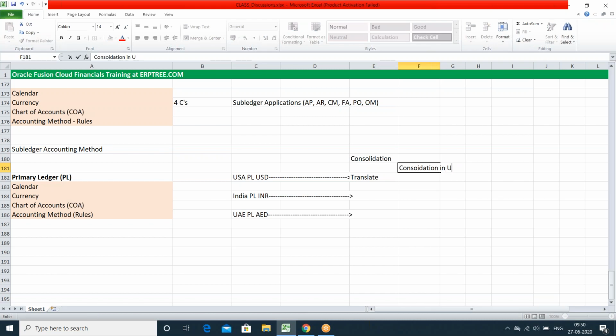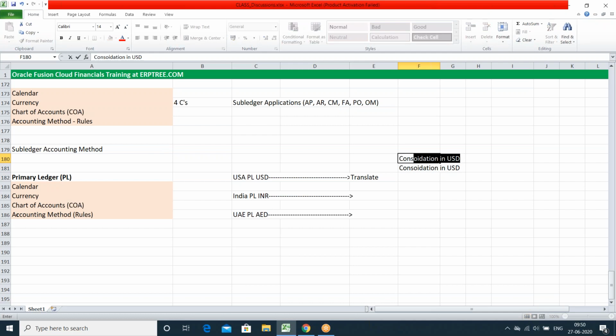One second, let me complete, I'll take your questions. Here the consolidation requirement is in USD. In that case, the data is already in USD, so do you need to do any translation? No. They can send the data directly from here to the consolidation ledger.